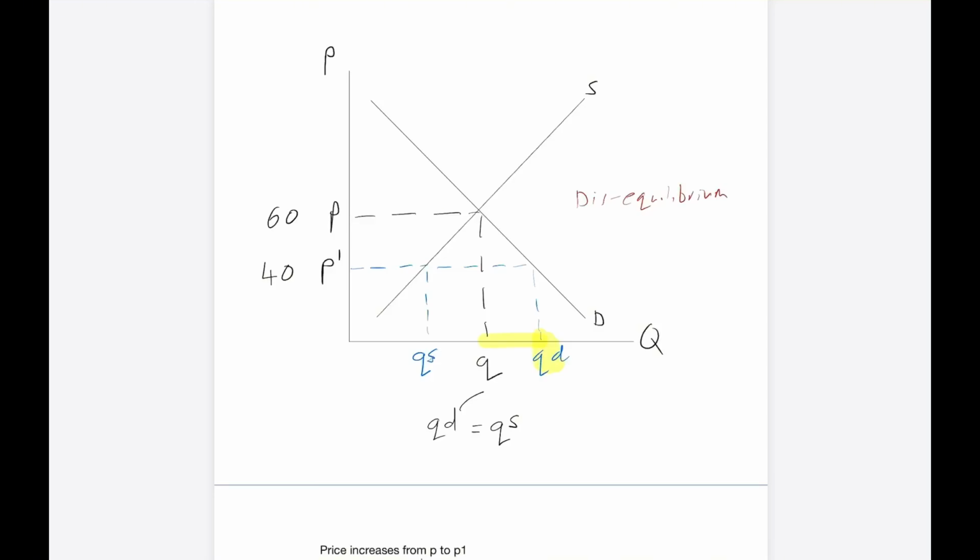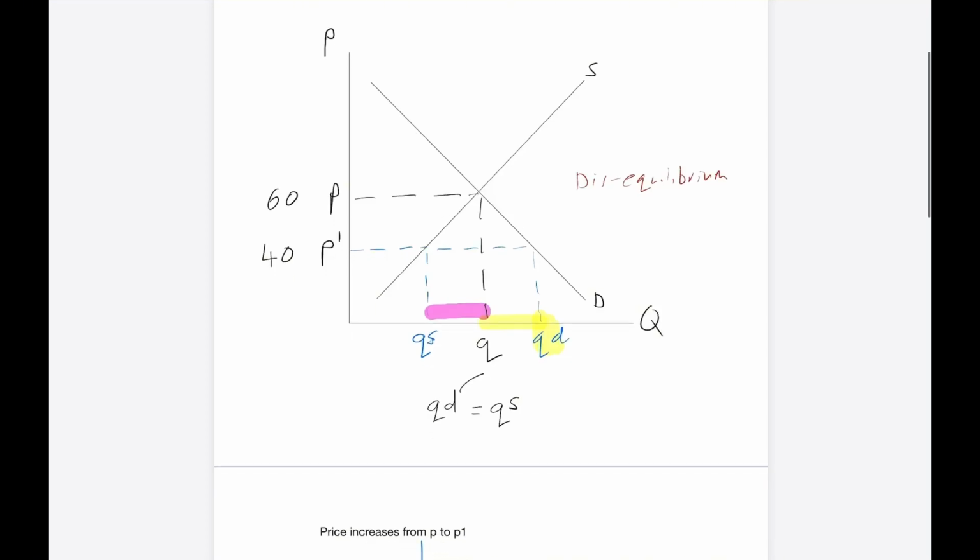However, the fall in price from 60 to 40, from P to P1, has resulted in firms being less willing and less able to supply products at the lower price. So therefore, the quantity supplied has decreased from Q to QS. So now we have a situation where we have excess demand.